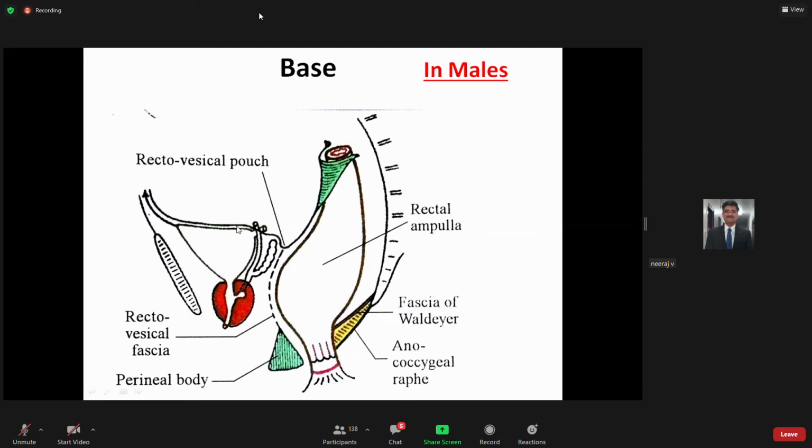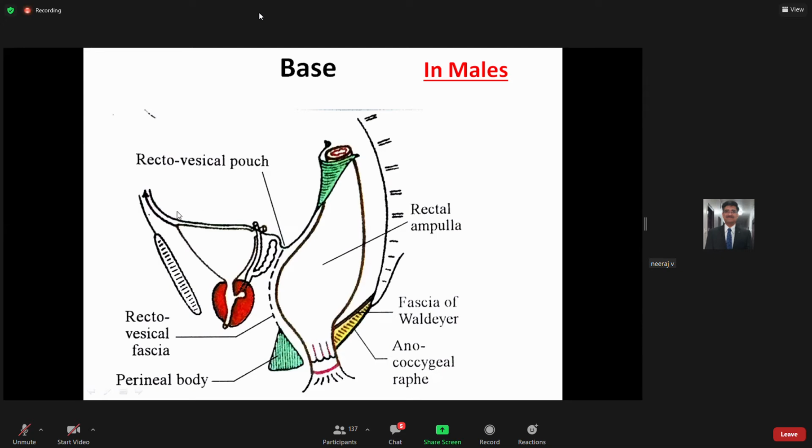This is peritoneum, and then the anterior aspect of the upper part of the rectum. It is not extending here, so you can see it is forming a very important relation between the bladder and the rectum. Here it forms a pouch, which is your rectovesical pouch.